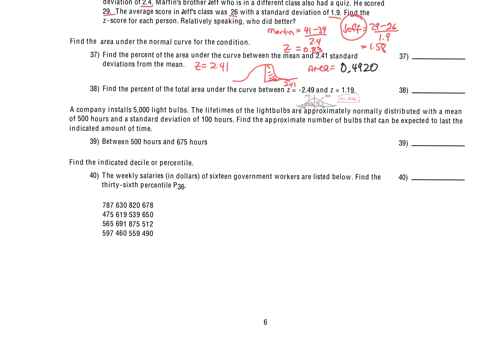Well, 500 is the mean, so that Z value would be 500 minus 500 over the standard deviation of 100, so that's 0. But then the second value, 675, that Z value would be 675 minus 500 over 100. So that's 175 divided by 100, which is 1.75.